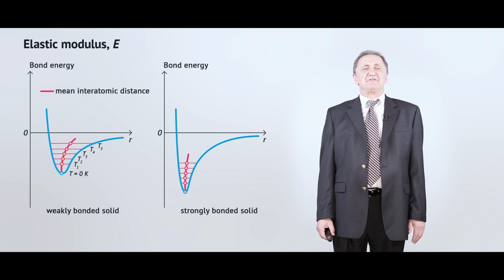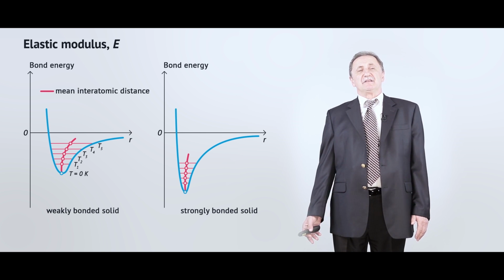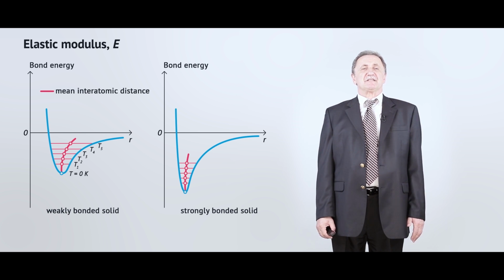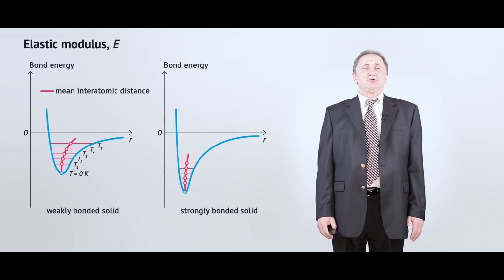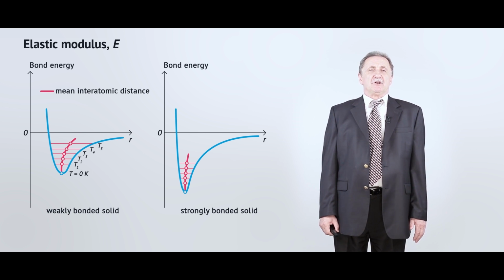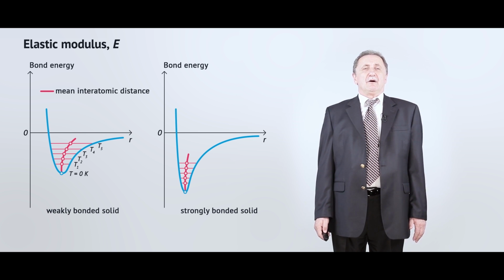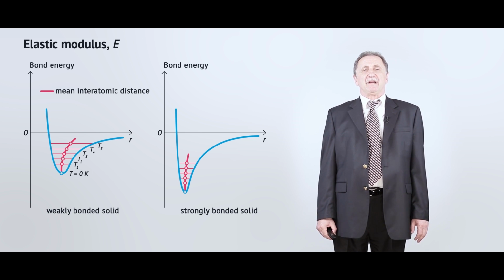With a wider energy function, we can increase the distance between two atoms in the case of heating or decrease it in the case of cooling, without destroying the crystal structure. Of course, the larger the distance that can be changed between these two atoms, the higher coefficient of thermal expansion we can expect.